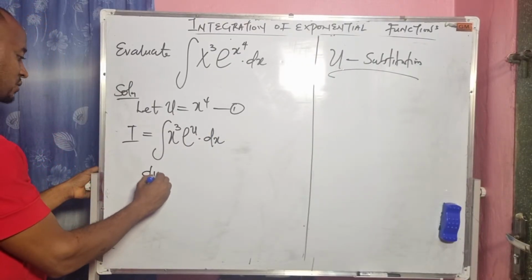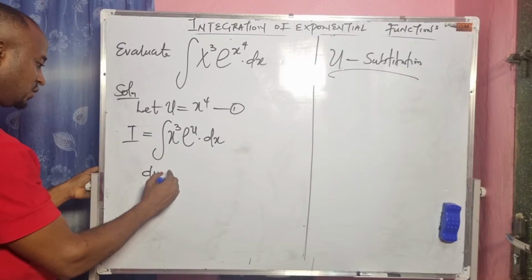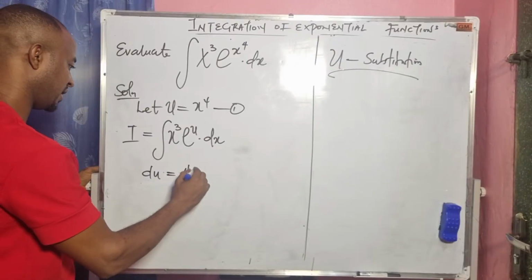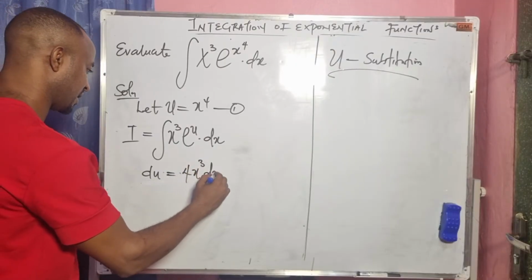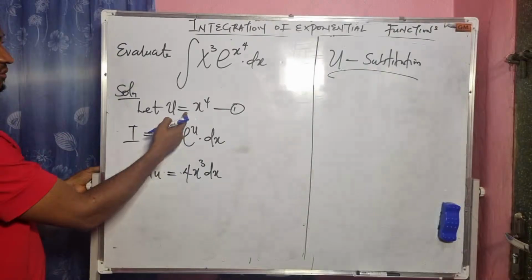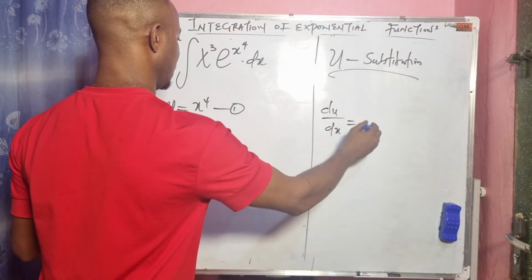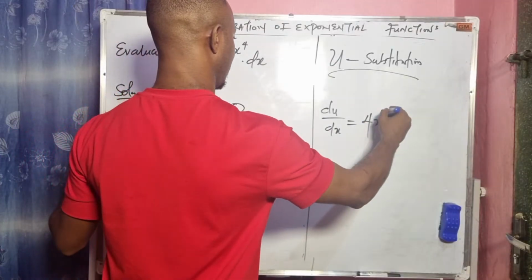So du will be equal to 4x to the power of 3 dx. By now we know how we got this. From here, du over dx is equal to 4x to the power of 3.